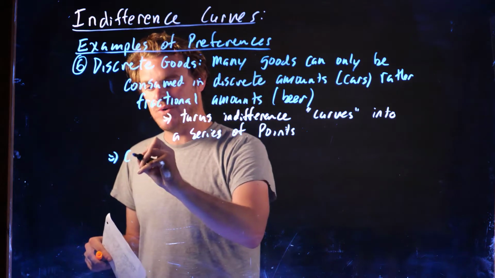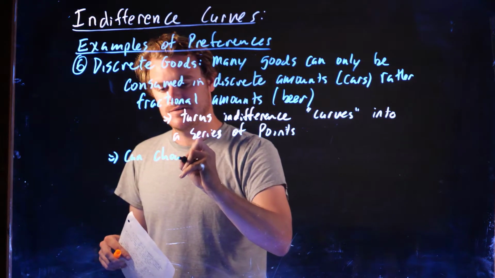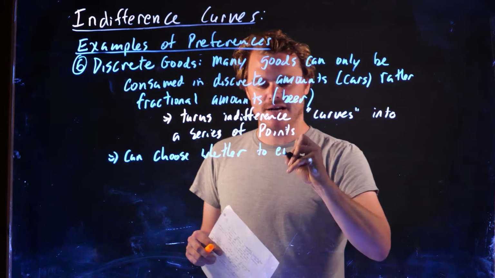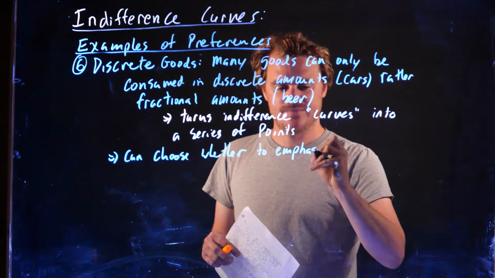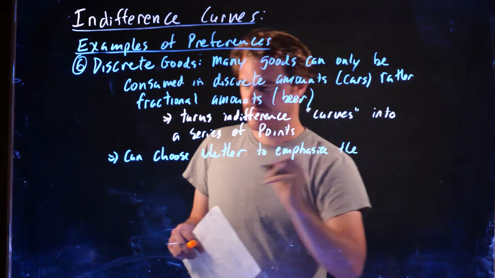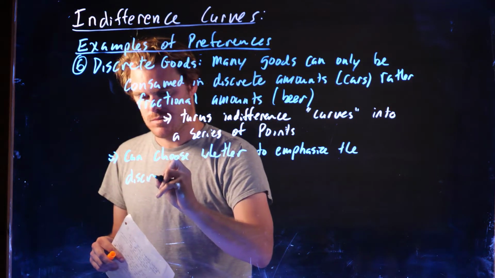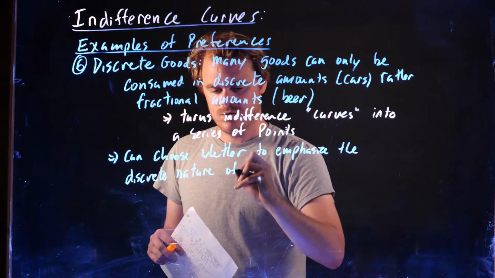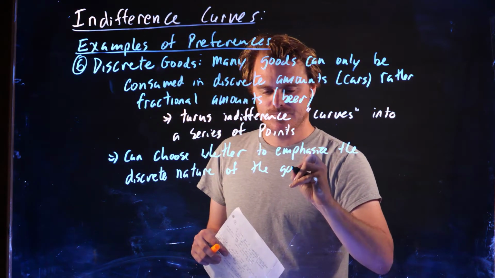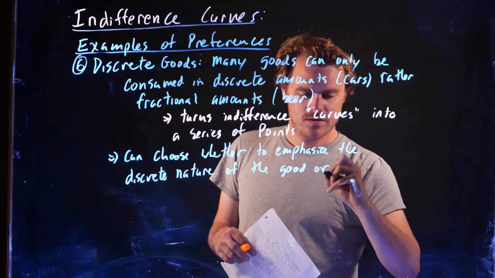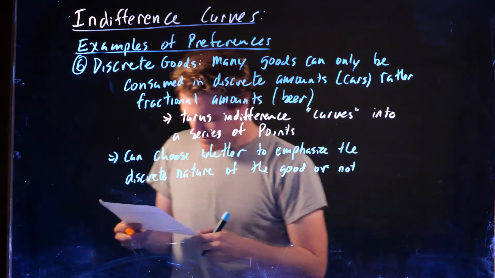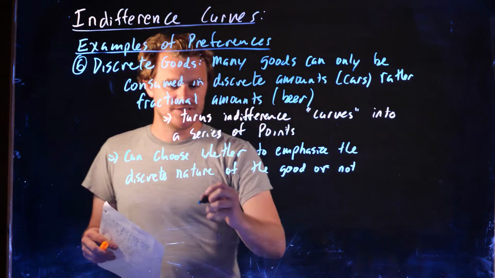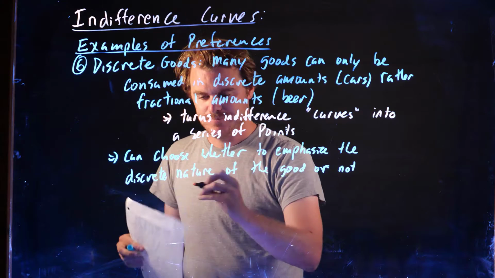So we can choose whether to emphasize the discrete nature of the good or not. And whether you want to or not depends on the situation that you're looking at.